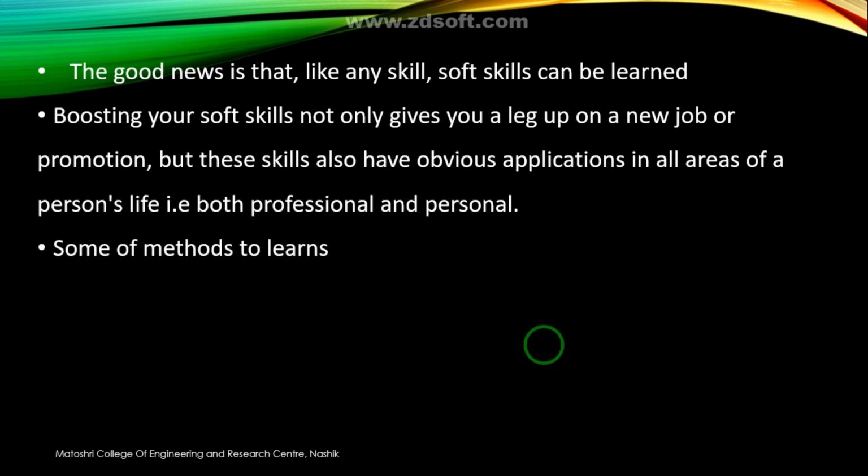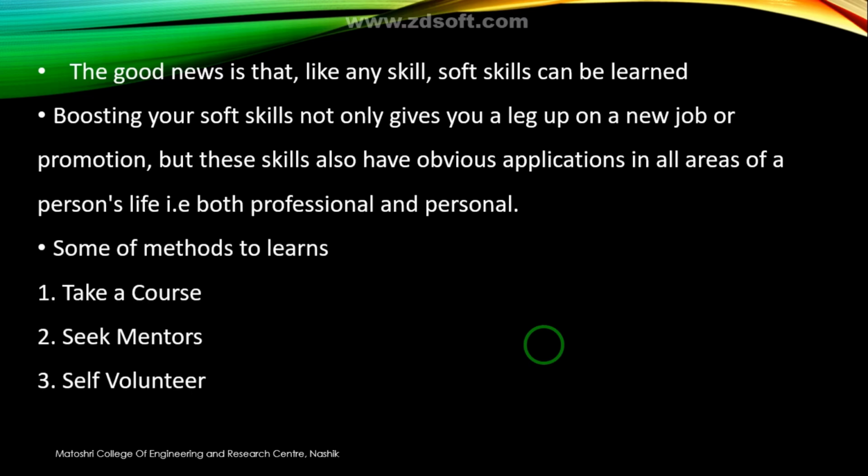So some methods to learn: first is to take a course. Nowadays many courses are available, so you just find one and take a course. Second, you can seek a mentor. Nowadays there are very many online sessions going on on YouTube.